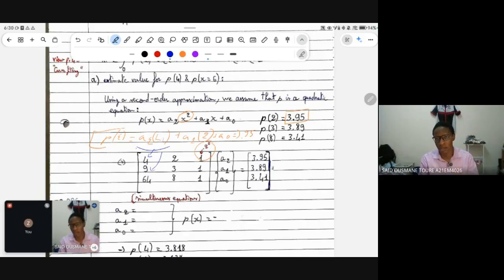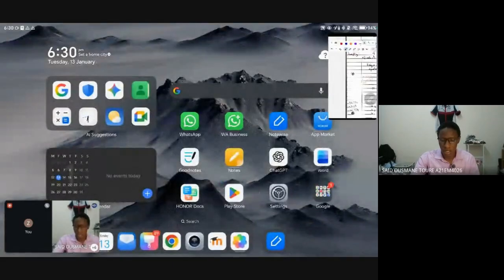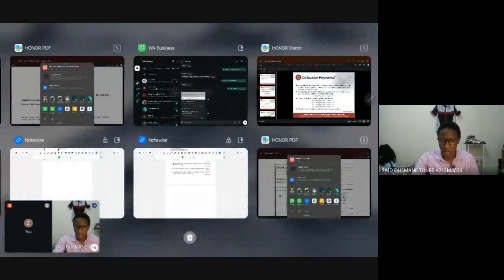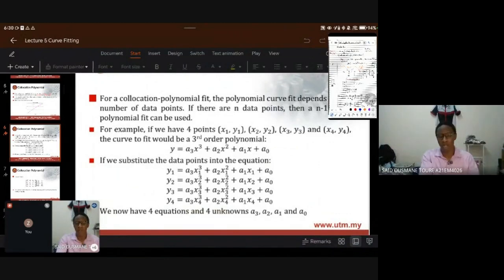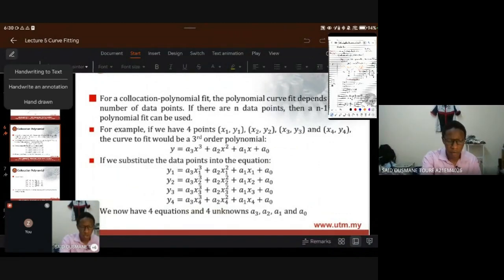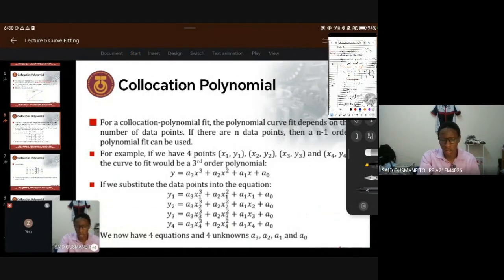Once again, you can see here in the slides that they needed to have a third order polynomial, right? I don't know if I can use red handwriting to text. Let's see. Okay, so they have a third order polynomial. Understand? So they have to use a3 times x cubed, a2 x squared, a1 x.